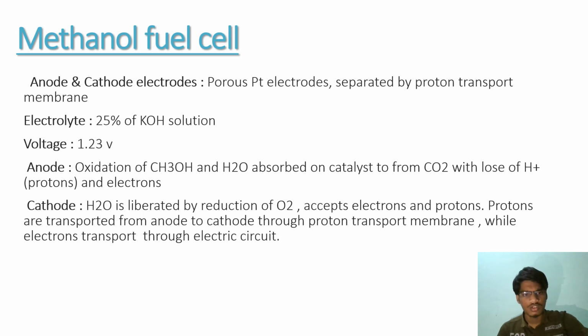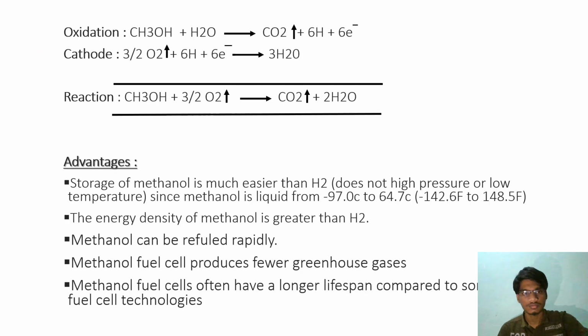Cathode: H2O is liberated by reduction of O2; it accepts electrons and protons. Protons are transported from anode to cathode through the proton transport membrane, while electrons travel through the electric circuit.